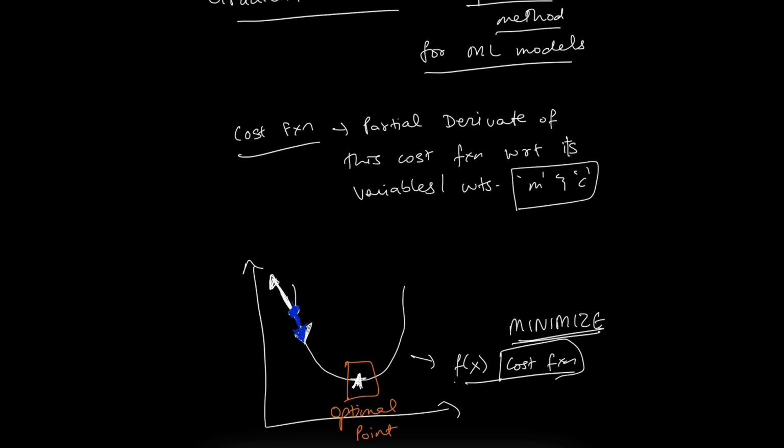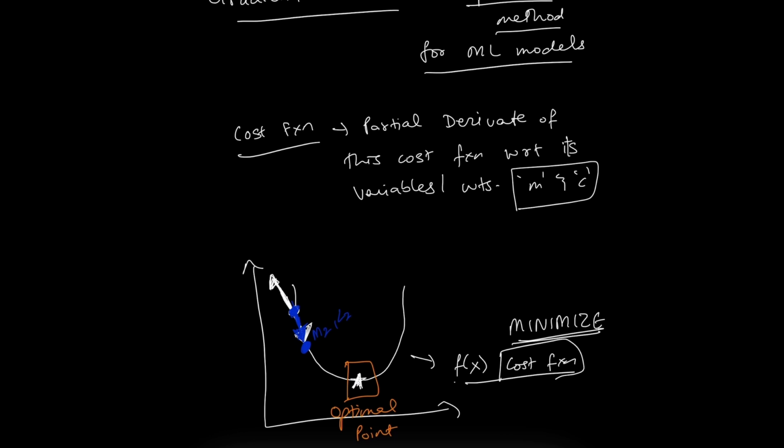And then once we come here, this is the new point that we get, which is, let's say, M2 and C2. These are the values we get after one step of gradient descent. We want to continue doing this till we get to the optimal point.